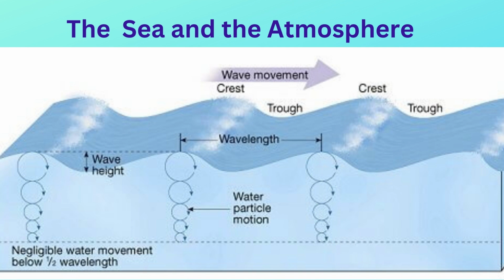The sea also interacts with the atmosphere, and in the process, sea waves are formed. This is because the moving atmosphere has energy, and so this energy is transferred to the sea when they interact.